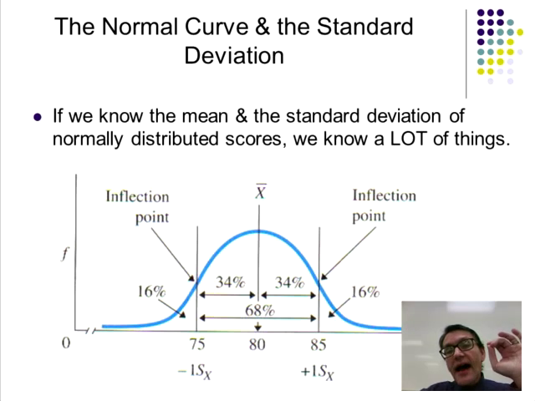And so in this distribution, I'm going to put the score of 80 in the center, and then 5 units over to the right, that is plus 1 standard deviation. That's 1 standard deviation from the mean, whereas the 75, which is 5 units below the mean, is minus 1 standard deviation.